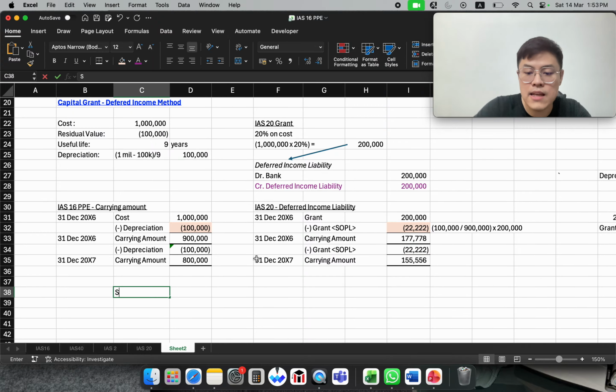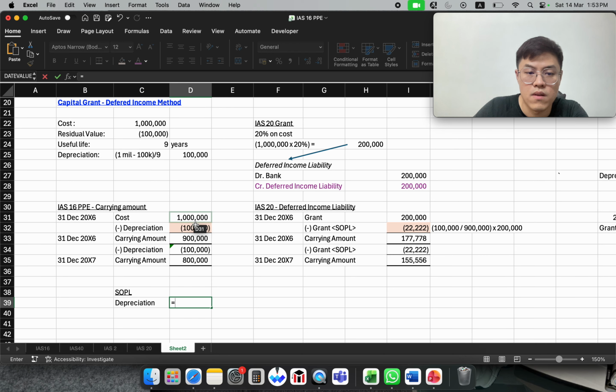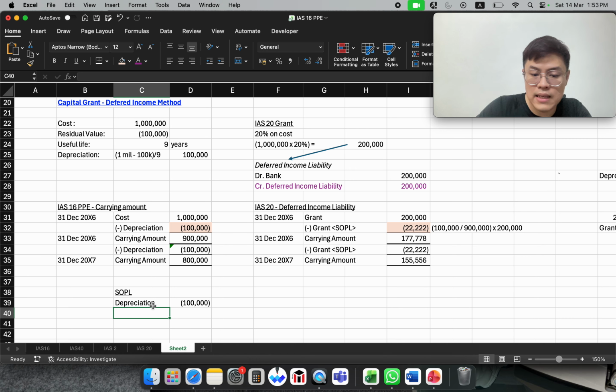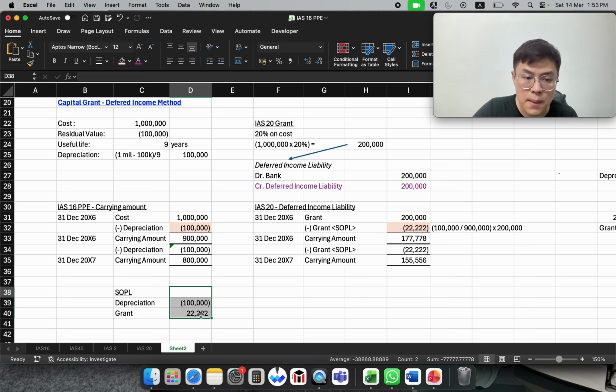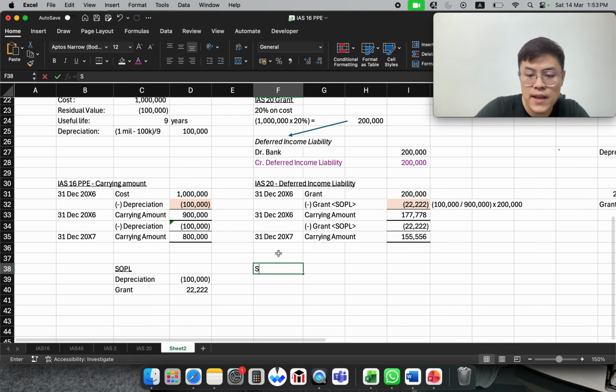So when you present in SOPL, you will have a depreciation expense of 100k, and you have a grant income of 22k. So you are doing a matching. You match the expenses with the income, and this will be carried out in your non-current asset, and this will be carried out in your liability, but you need to segregate the liability, for example, in your SOFP.